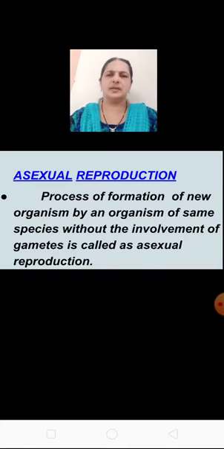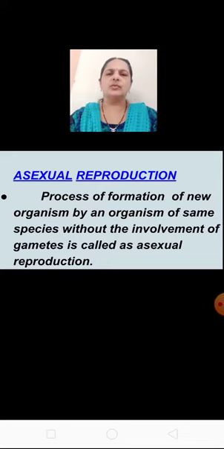What is meant by asexual reproduction? It is the process of formation of a new organism by an organism of the same species without the involvement of gametes. That means there is no involvement of male and female gametes.